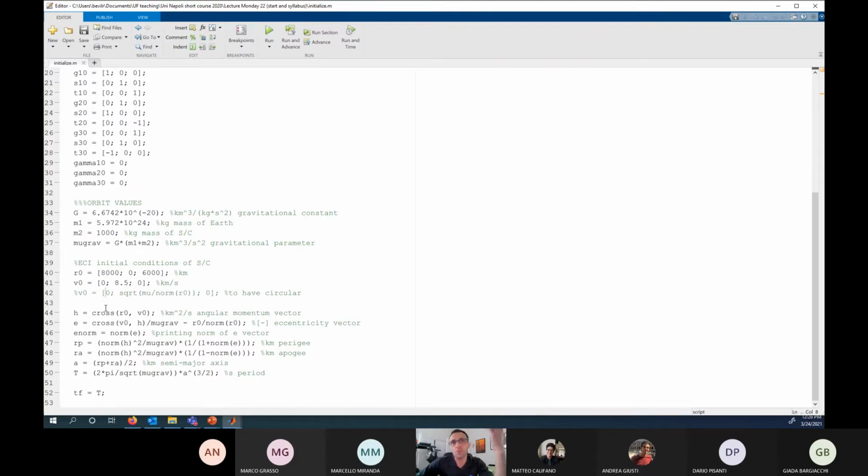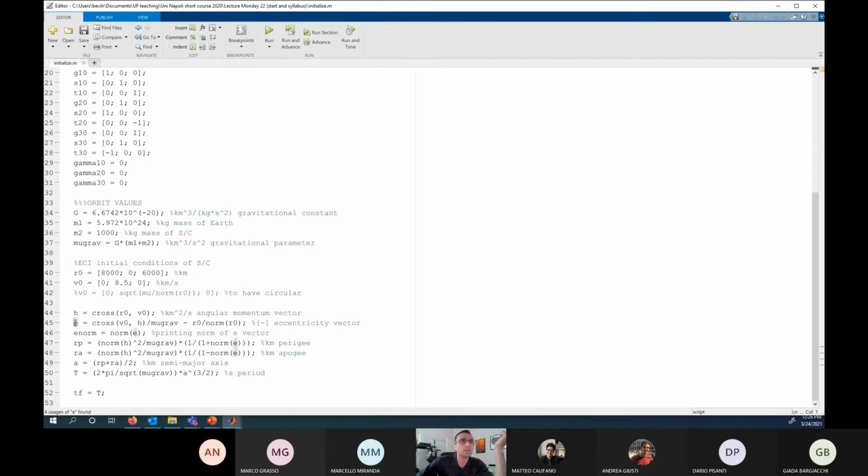So this is on video, you can use them if it's needed, but the bottom line is that this is obviously the definition of angular momentum. It's the cross product of your position and velocity, and this will remain a constant vector because this is a Keplerian orbit.